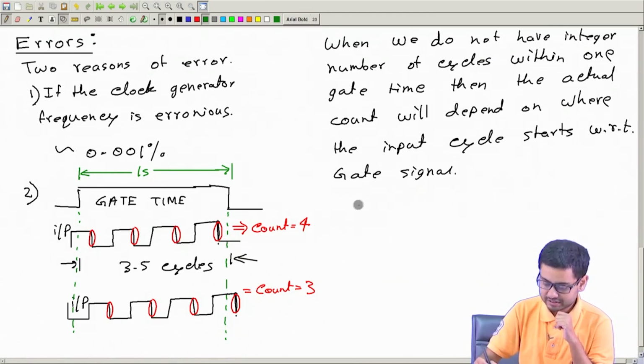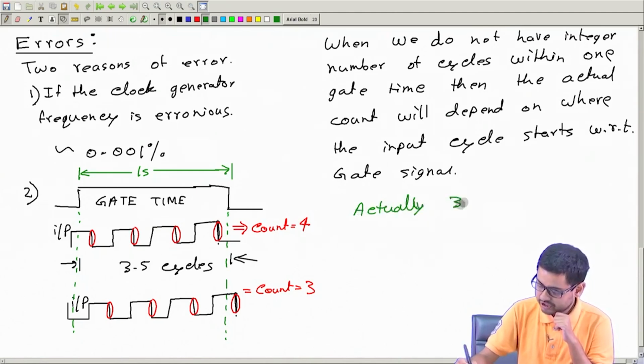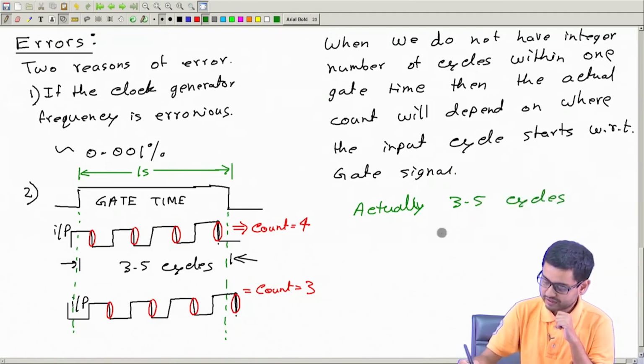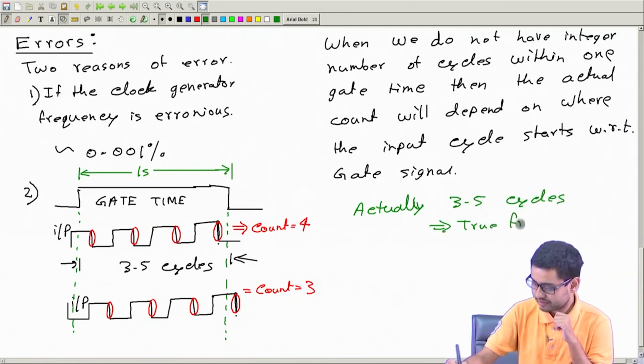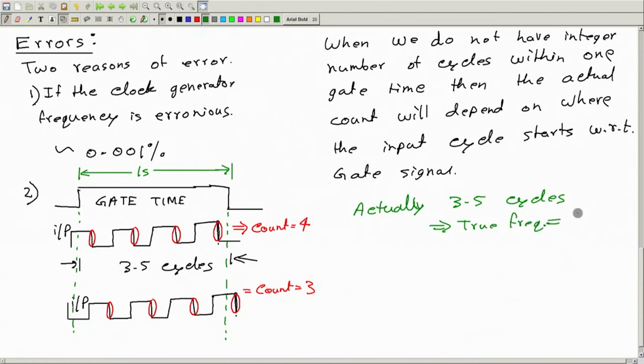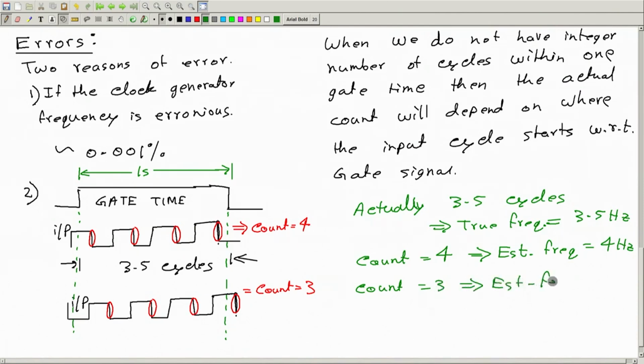So, the true frequency is, so actually we have 3.5 cycles, implying true frequency is equal to 3.5 hertz, but the count is equal to either 4, implying estimated frequency or measured frequency will be equal to 4 hertz, or the count can come out to be 3, implying estimated frequency or measured frequency equal to 3 hertz.